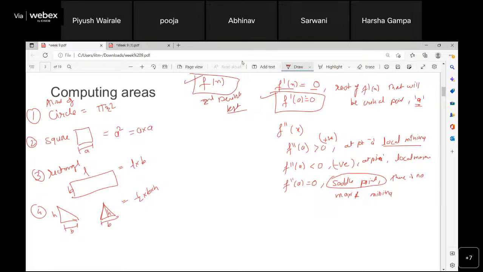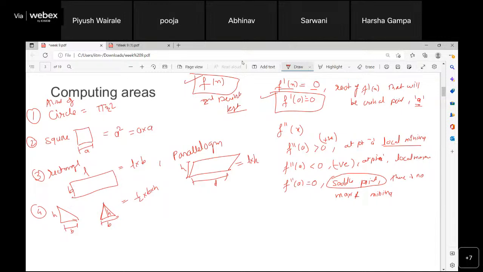One more is there. If you know the rectangle, what is the area of a parallelogram? Same as rectangle, that is base into height h, so length into h.